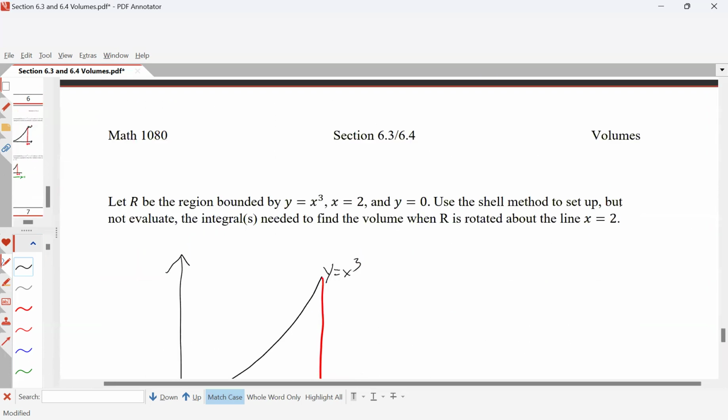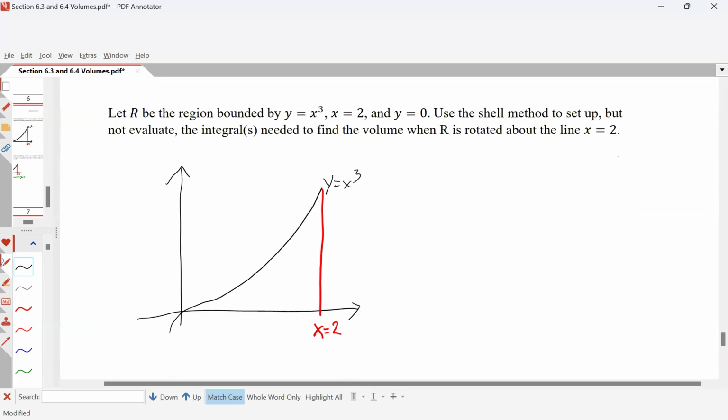Okay. Taking a look at the next example, we have R being the region bounded by y equals x cubed, x equals 2, and the x-axis, y equals 0. We want to use the shell method again. So shell implies slices parallel to our axis of rotation.